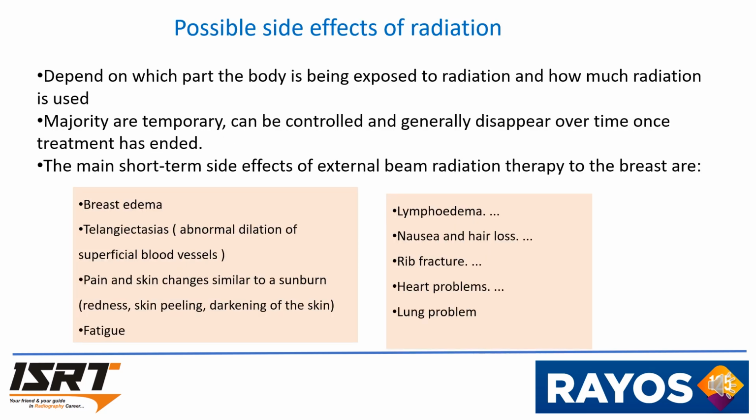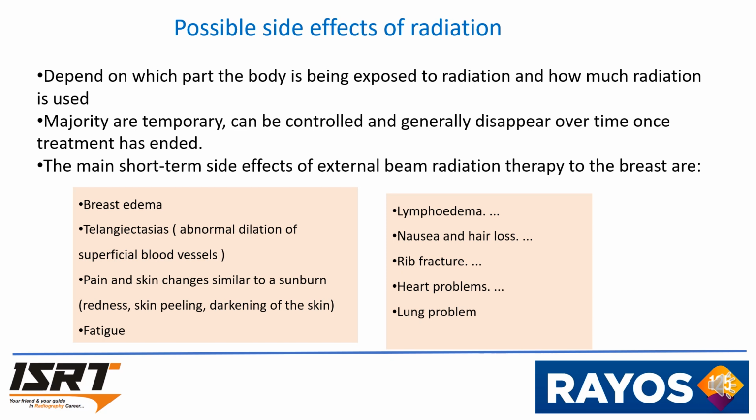Possible side effects of radiation depend on which part of the body is being exposed to radiation and how much radiation is used, and majority are temporary, can be controlled and generally disappear over time once treatment has ended.